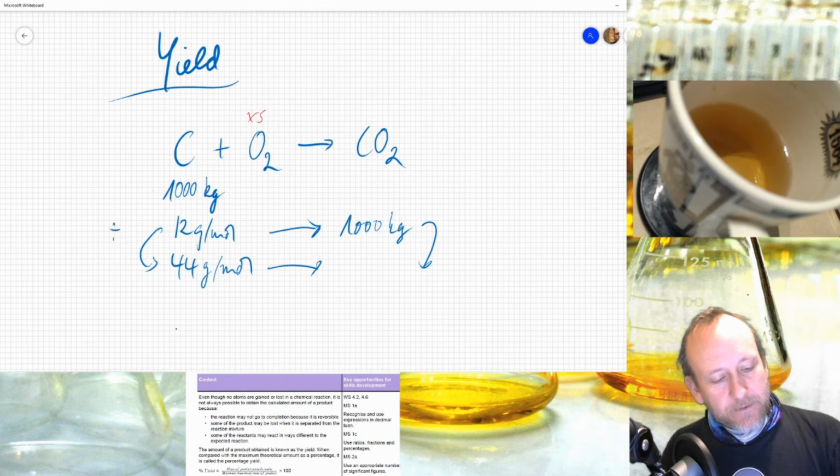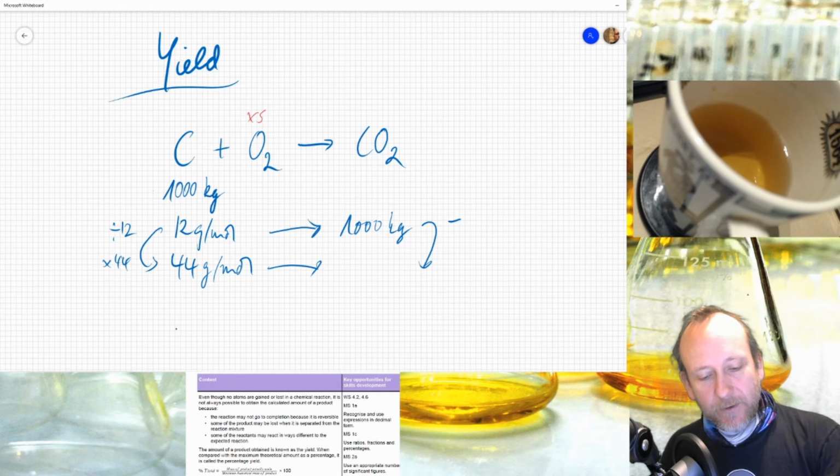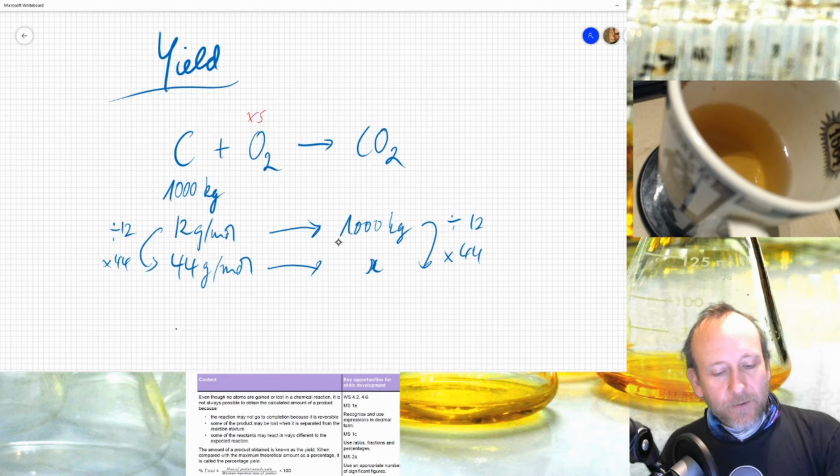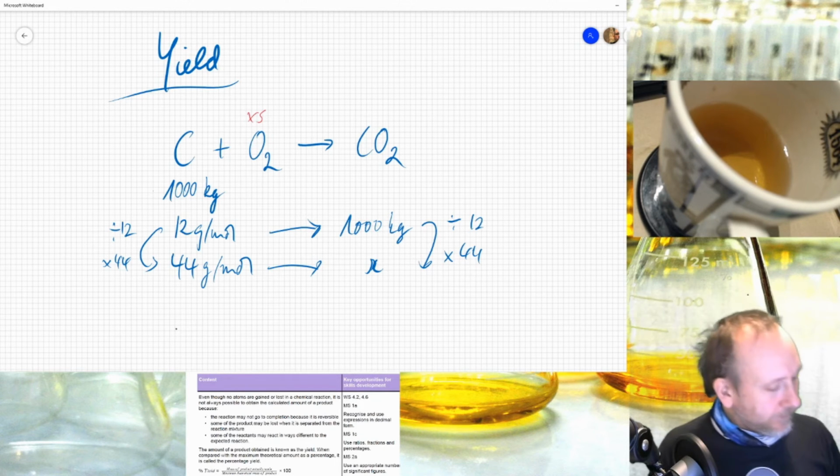So if I divide 12 by 12 and then times it by 44, I get to 44. So I do the same thing on the right hand side where I don't know what my numbers will be: divided by 12 and times it by 44. Okay, so intuitively you can see that gives me a bigger number on the right hand side.